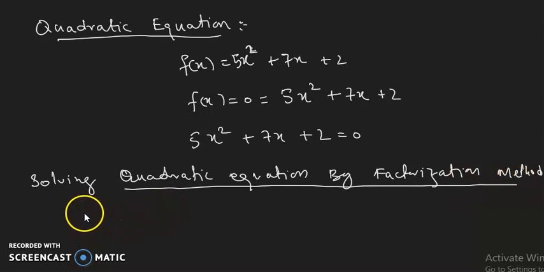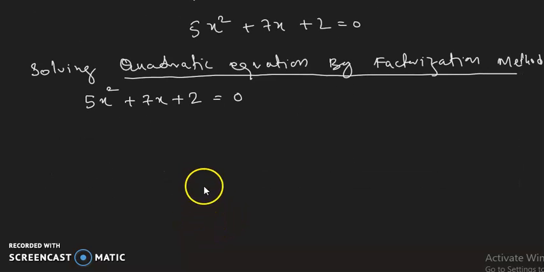What is solving a quadratic equation by the factorization method? We factorize the left hand side of the equation. In order to factorize this, what are the rules through which we can easily factorize? The rule is very simple. Here you can see these two terms, 5x squared and 2.